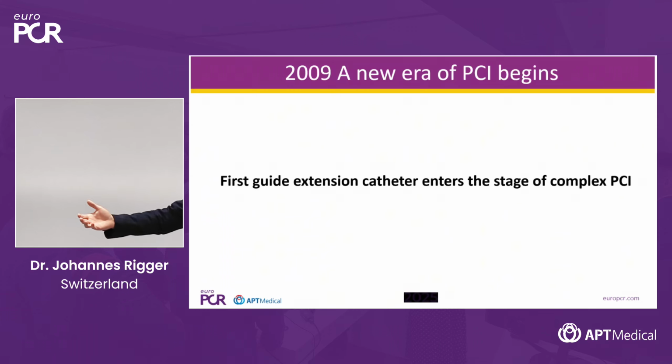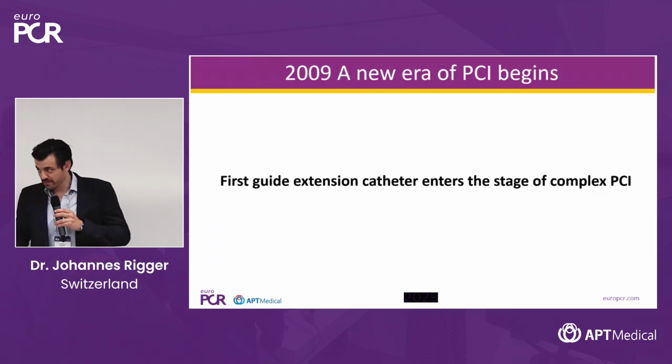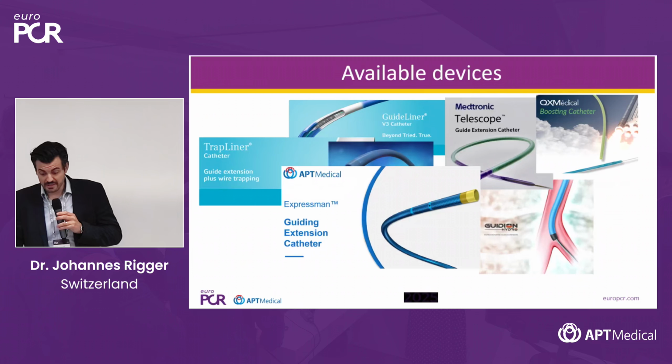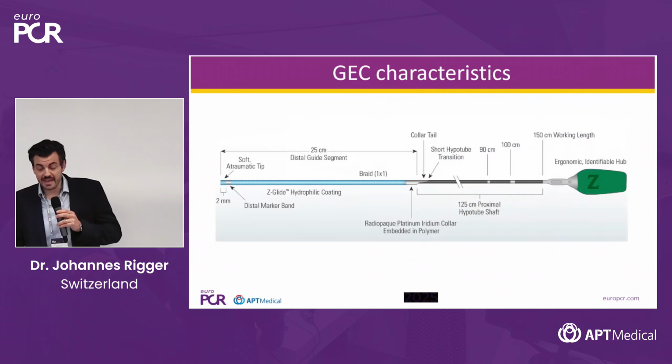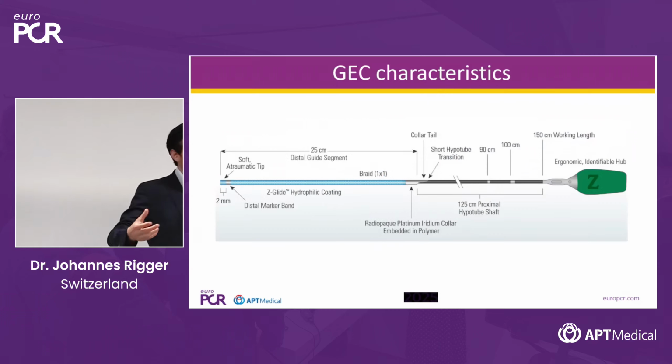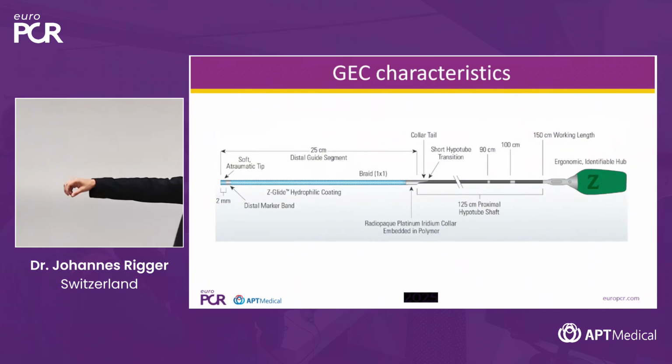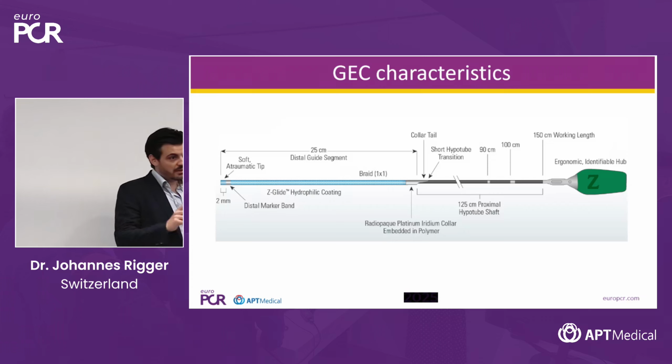It's 16 years ago, and this is a groundbreaking thing which actually changed and affected the way we work nowadays. We have a couple of them on the market, and the base of every guide extension catheter is always the same. You have a proximal shaft with a stainless steel collar, you have this introduction part in the middle of it, and the very distal shaft part, which is a bit differentiated between the different devices.